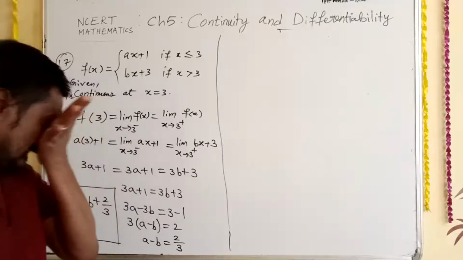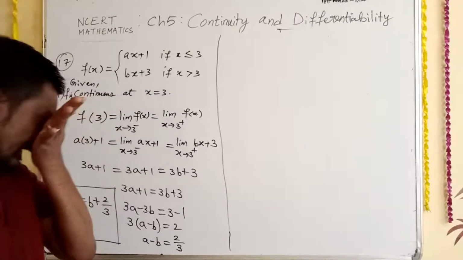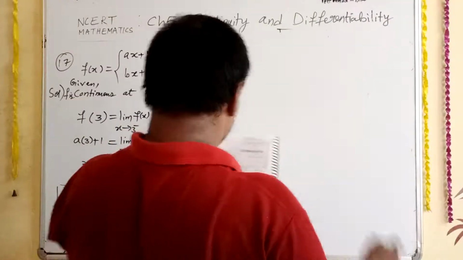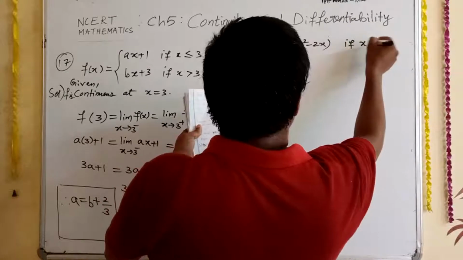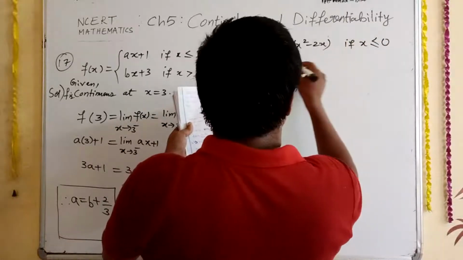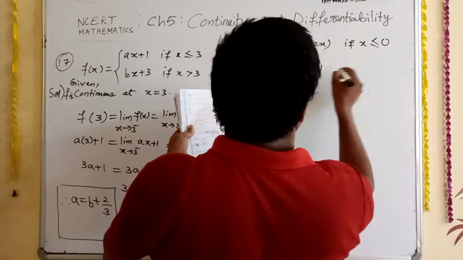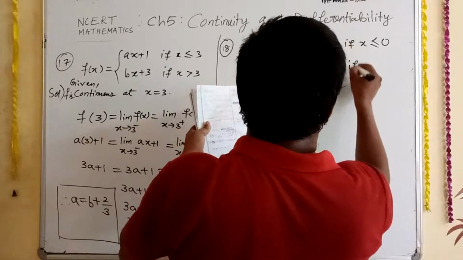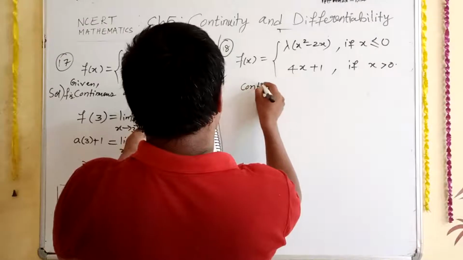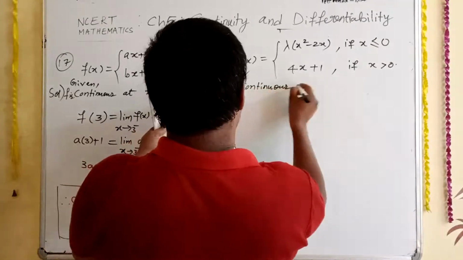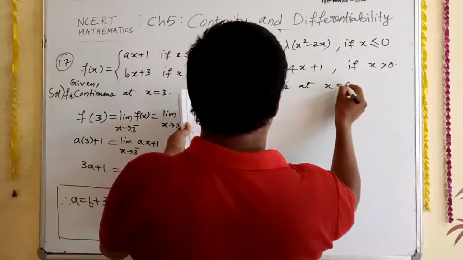Firstly, I need to solve the 18th, okay? All right. 18th one: if x is less than or equal to 0, 4x plus 1. If x is greater than 0, continuous at x equal to 0.